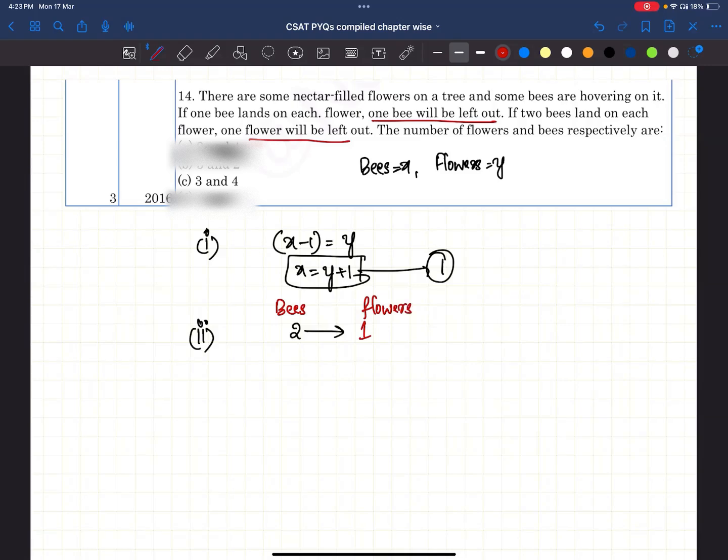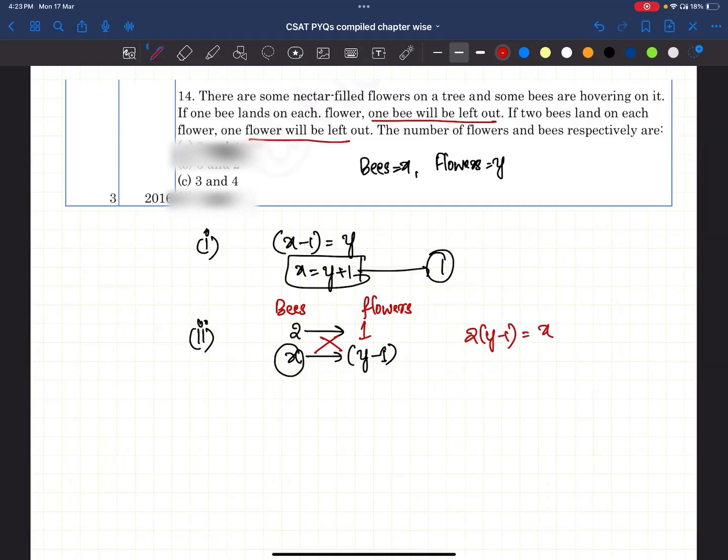When two bees sit on one flower, and one flower is left, that means how many flowers are used? y minus 1 flowers are used. With cross multiplication, what will you get? 2 into (y minus 1) is equals to x.